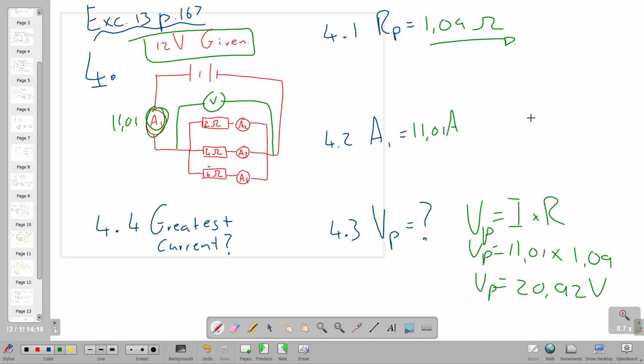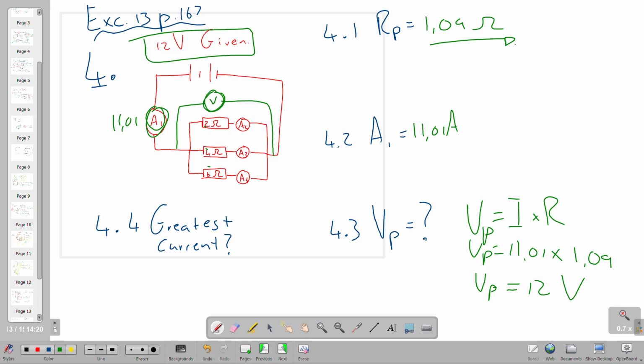Yes, I think I made a mistake just in my calculator now. Oh yeah, it's 1.09. Sorry guys. Let me just quickly correct that. It's not 20, that doesn't sound right. If we put it in, the answer is actually 12 volts. 12.00 volts.